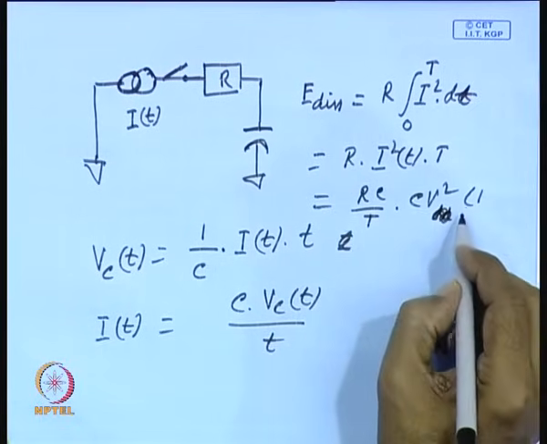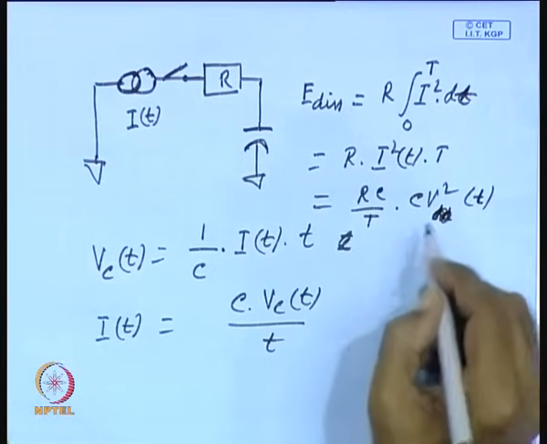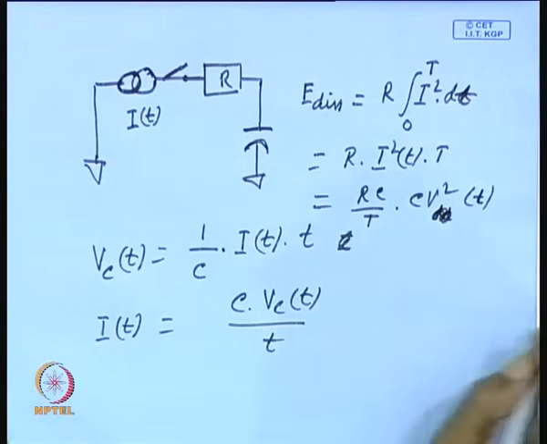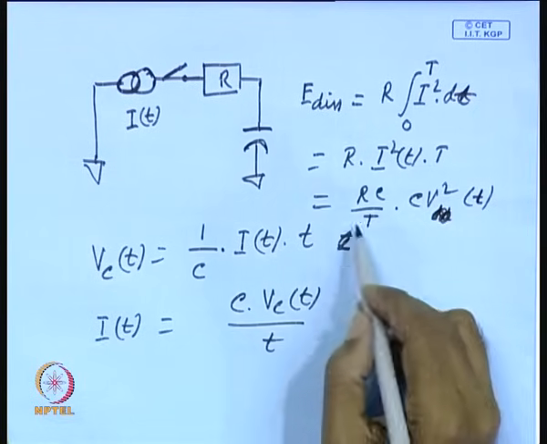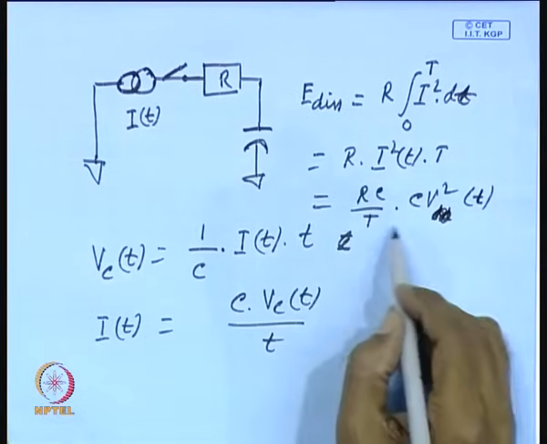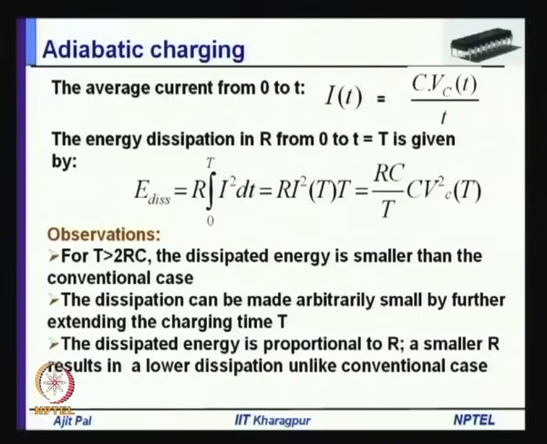Since it is a time varying voltage, instead of VDD square let it be V square(t). So, we find that this expression is RC by t into C VDD square.